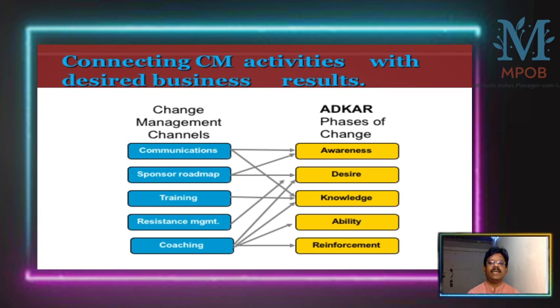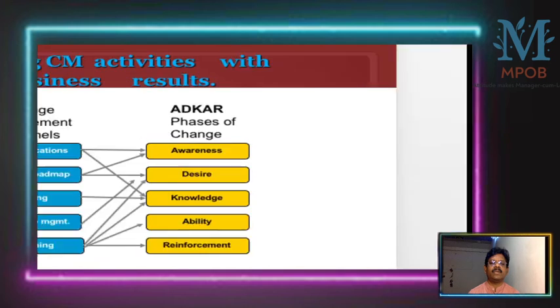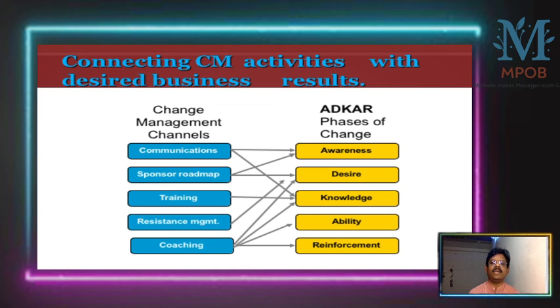In change management, the channels and ADKAR are the phases of the change. Communication is related to knowledge and awareness. Then the sponsored roadmap is related to awareness and desire, because they know that they can develop some kind of positive thing about the change.